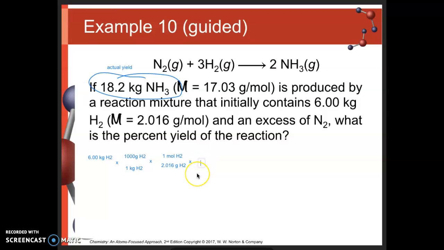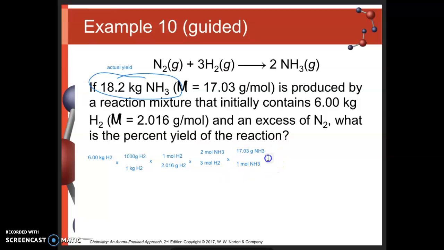And using the balanced chemical equation, 3 moles of hydrogen equates to 2 moles of ammonia, and 1 mole of ammonia equates to 17.03 grams.